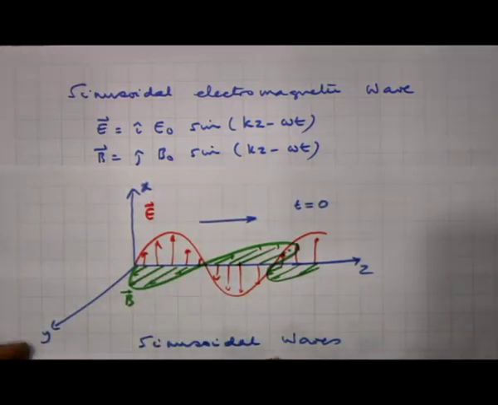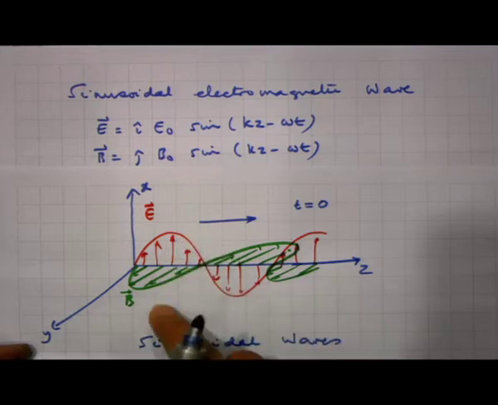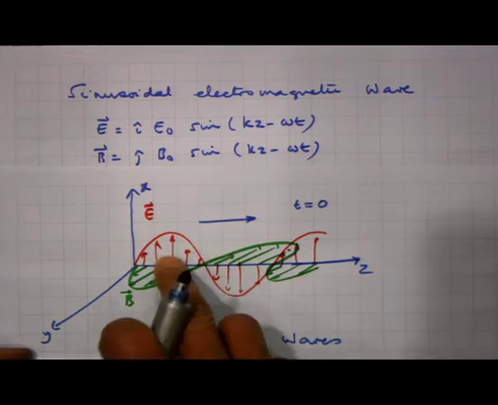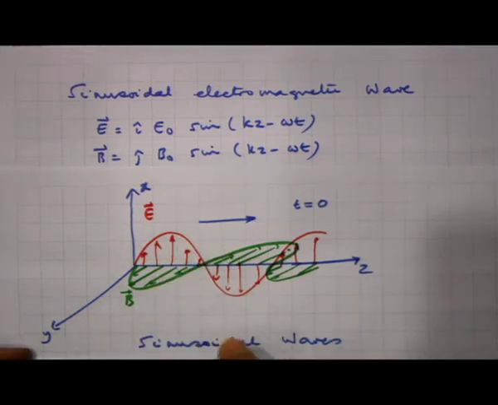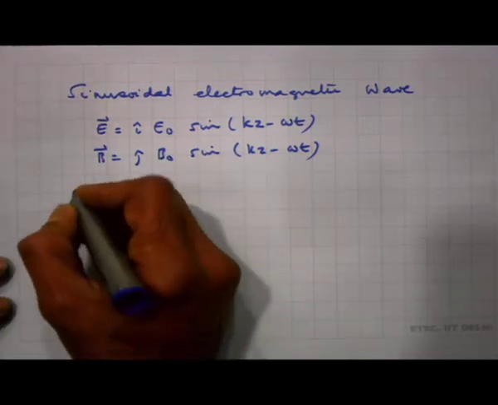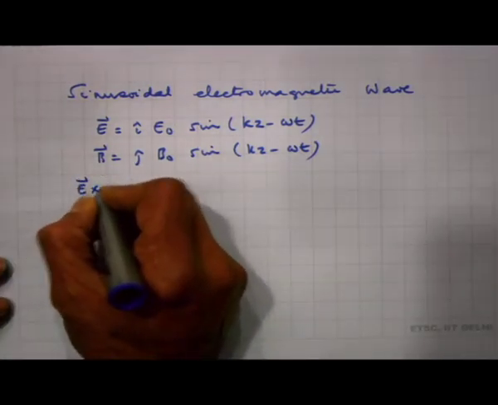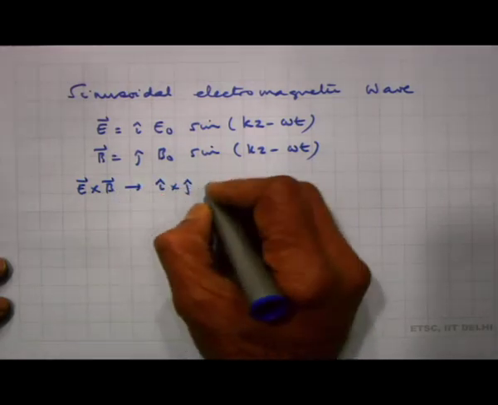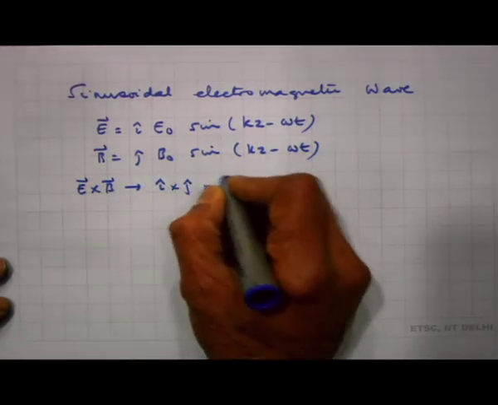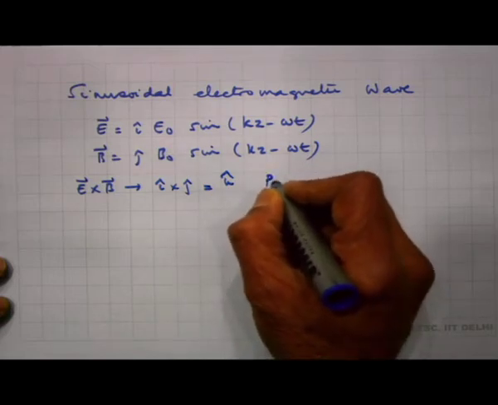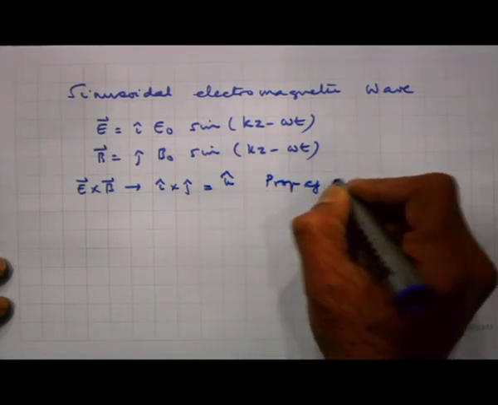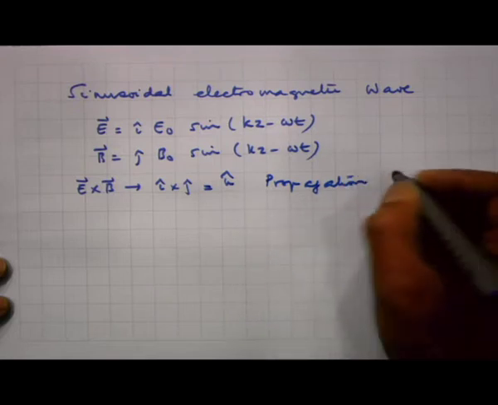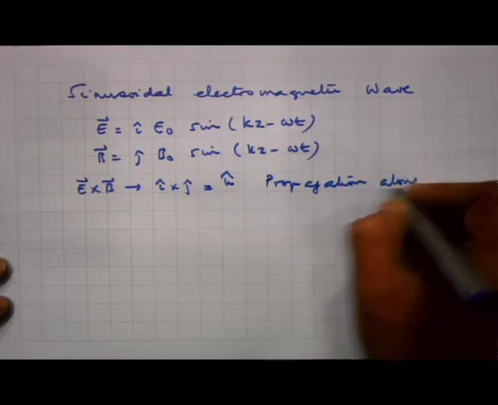I also mentioned last time that vector E cross vector B will be along the propagation direction. So, if you look at E cross B, i cap cross j cap is equal to k cap, which means propagation along the z direction.